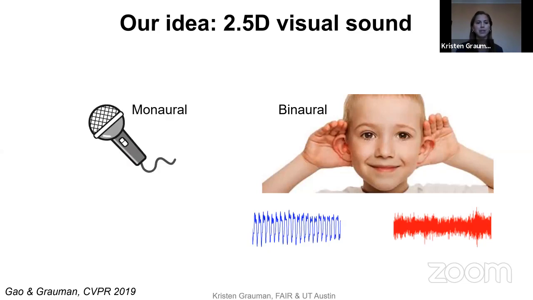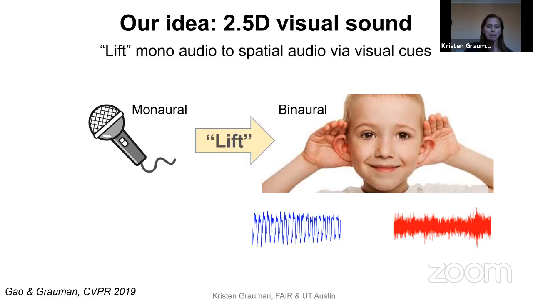Now, many videos would be accompanied only by single channel audio or monaural audio, which is not spatial. It will collapse all that information into a single channel. So our goal is to enhance monaural audio to make it sound like binaural sound.